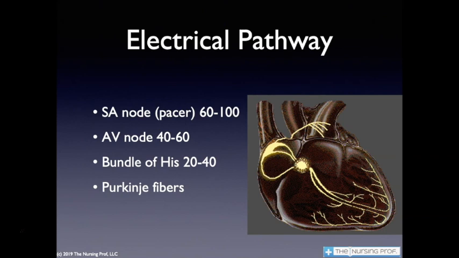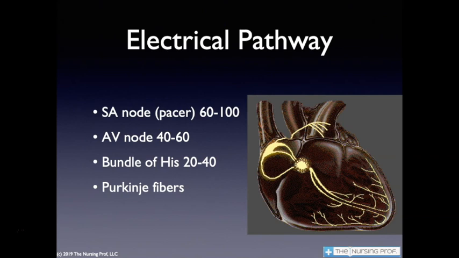The heart is going to follow the fastest pacemaker. Whichever one shoots out electrical impulses the fastest is the one that is followed. Now, this can create problems, as we'll see later, if there's an impulse generated somewhere else in the heart that is faster than 60 to 100 per minute.